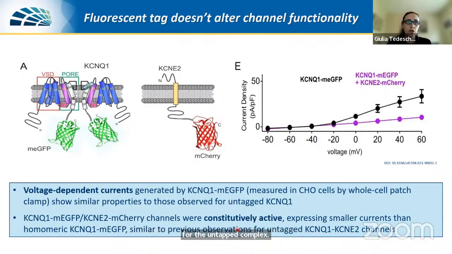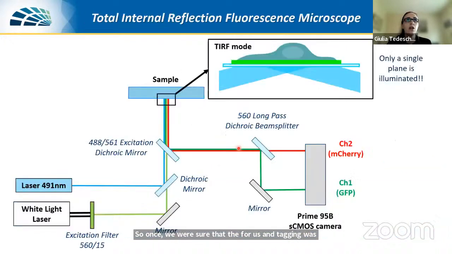So once we were sure that the fluorescent tagging was not affecting the functionality of the channel of interest, we took these samples and put them into our system. As I mentioned before, it is a total internal reflection fluorescence microscope.